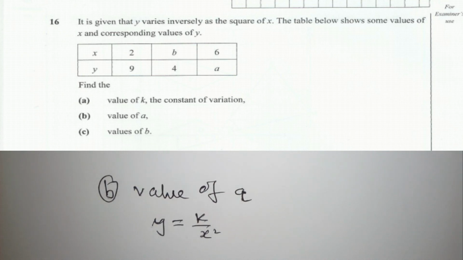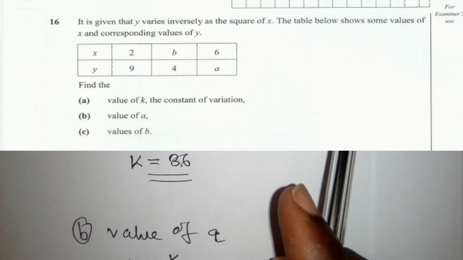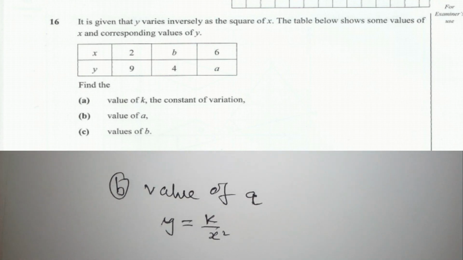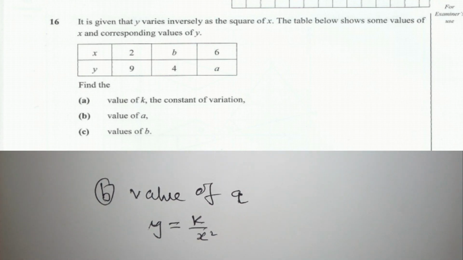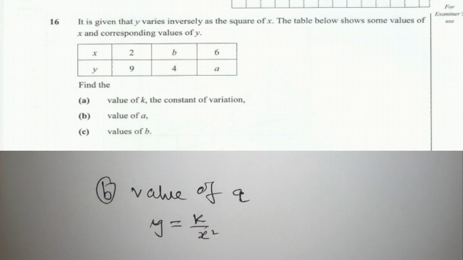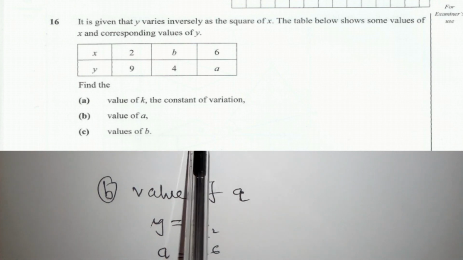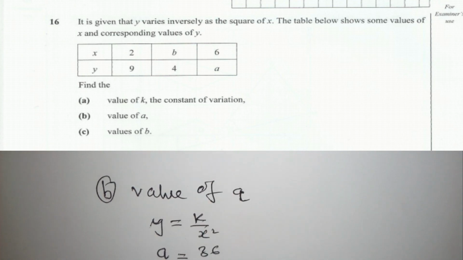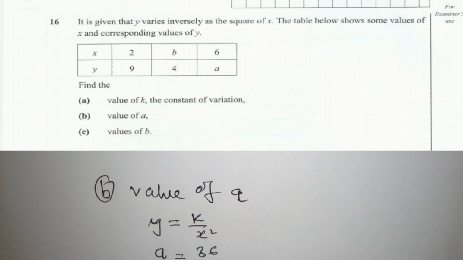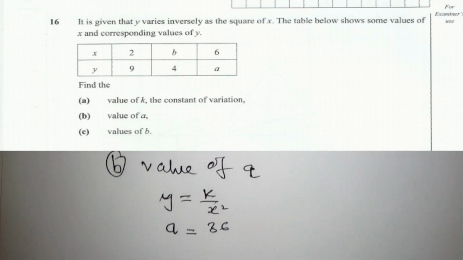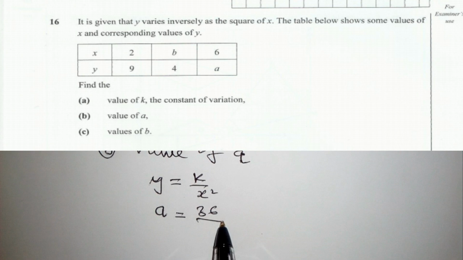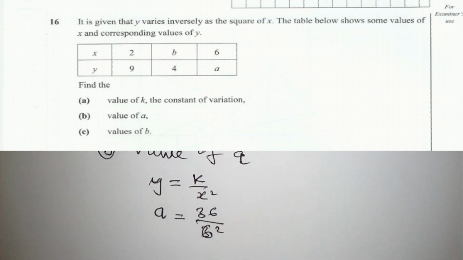Under y, let's check on our table. Under y, what do we have? We have a. So y is our a. So we put our a here, which is equal to 36. K is 36, we just found here. And x is 6, so we say over 6 squared.